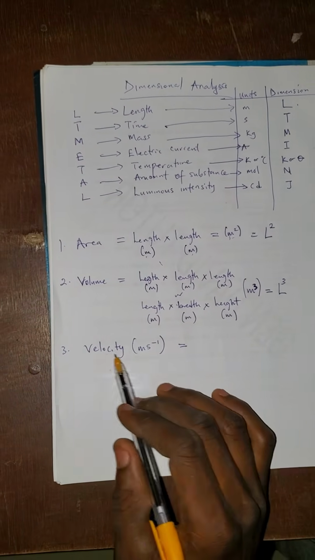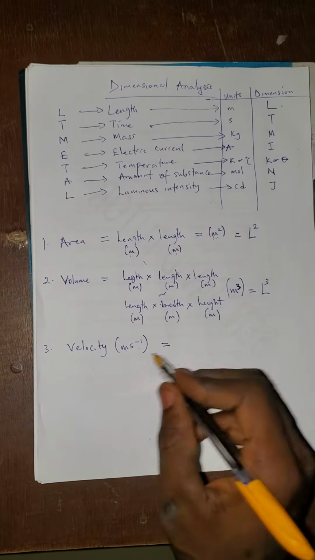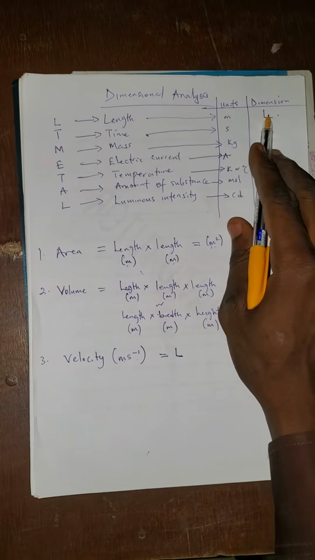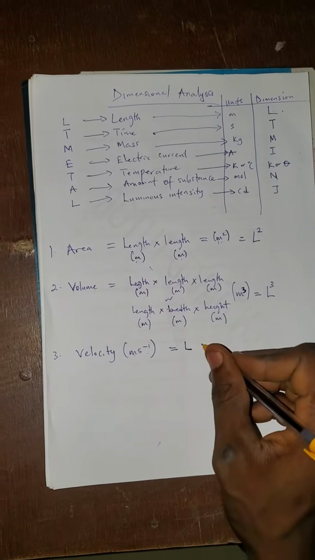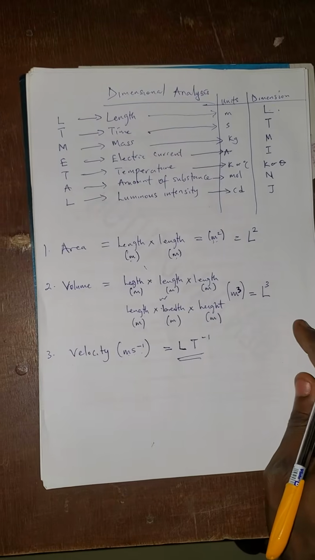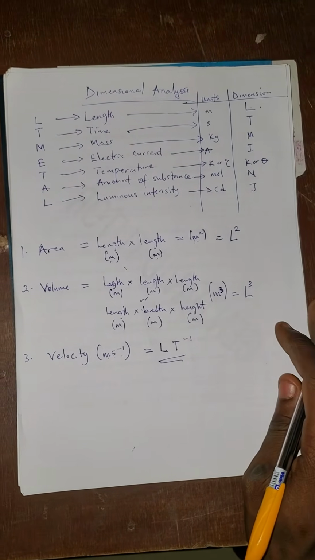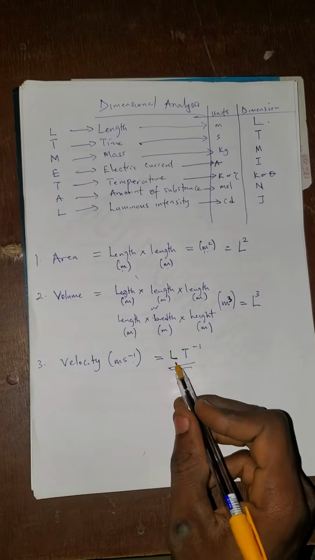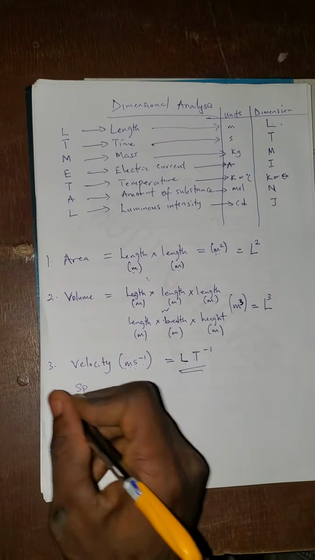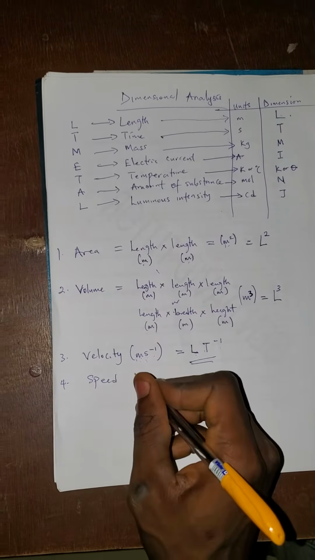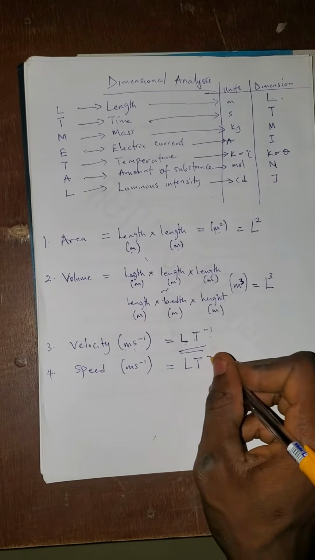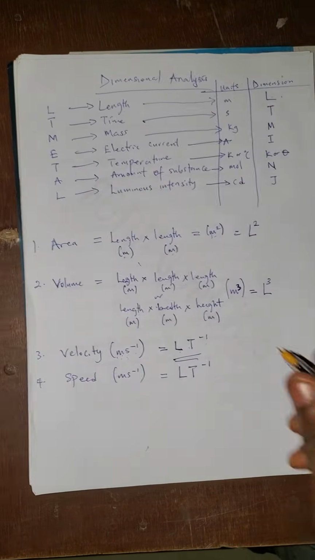Because velocity is measured in meter per seconds, and the dimension for meter is L, and seconds is T, that means we have the velocity to be LT raised to minus 1, from meter per seconds. The same thing is applicable to speed. Speed is also measured in meter per seconds, and that's also LT raised to minus 1.